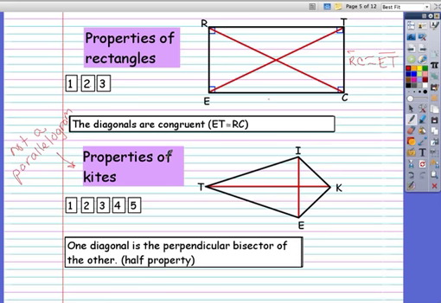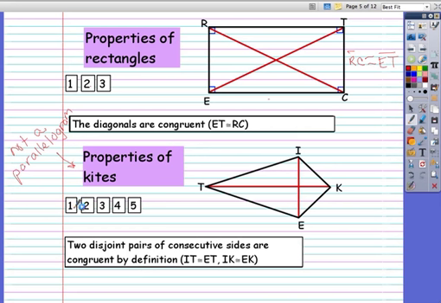For an object to be called a kite, we have to have 2 disjoint pairs of consecutive sides which are congruent by definition. What this means, disjoint pairs of consecutive sides, is that if I use TI, I can't use TI in another pair. So when I pair TI and ET, those are congruent.